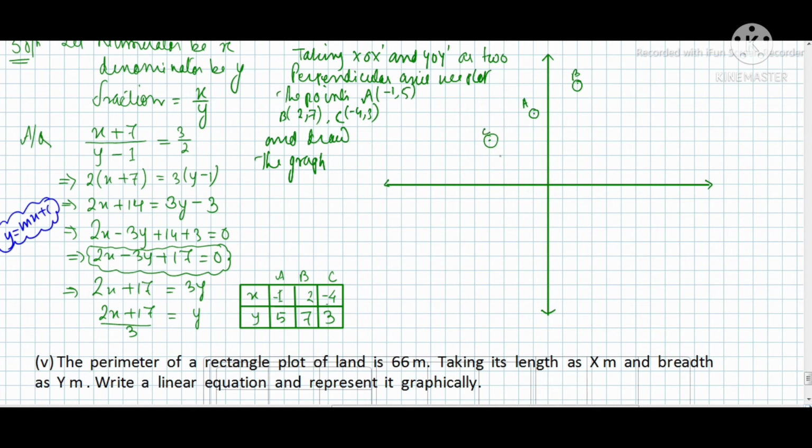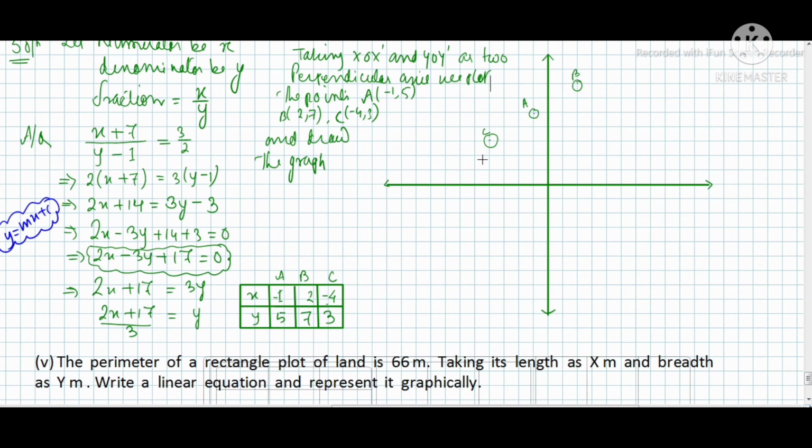Now draw the line. Okay, draw the graph. So I will draw the line here. Okay, so this is our required graph.